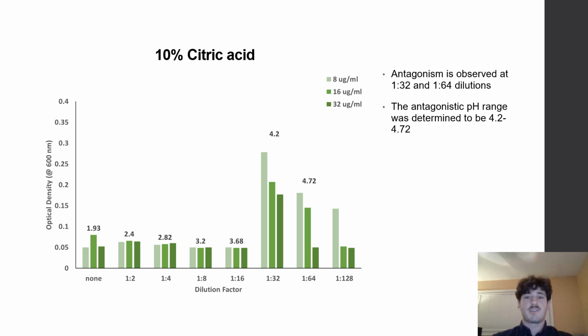If there was growth at 16 micrograms per milliliter, then there would have been, but not in this case. But there's also a similar pH range for 10% citric acid that inhibits the cephalothin from working, and that is 4.2 to 4.72.